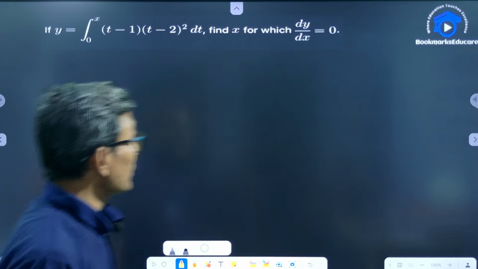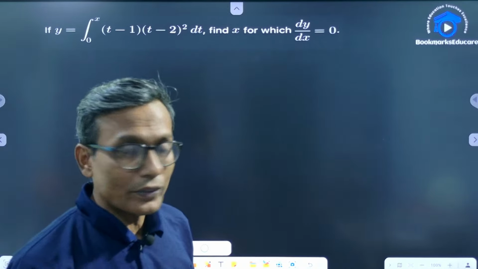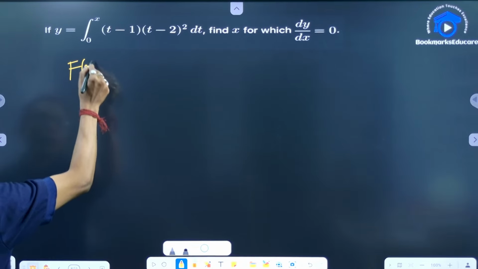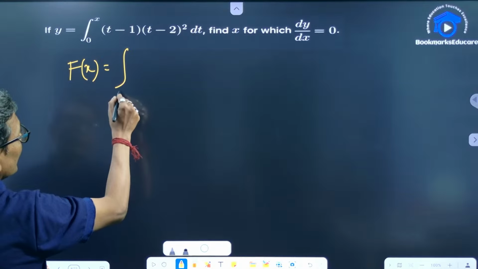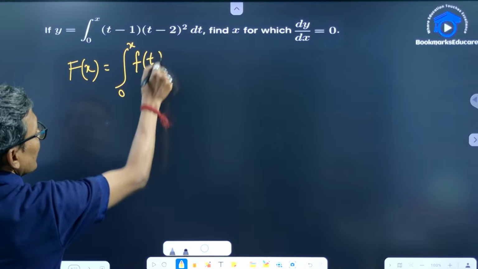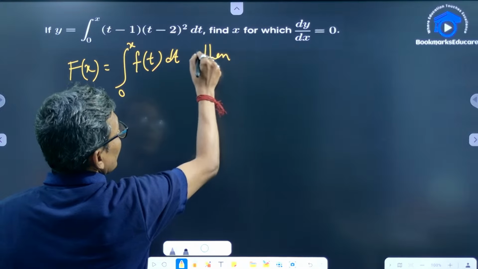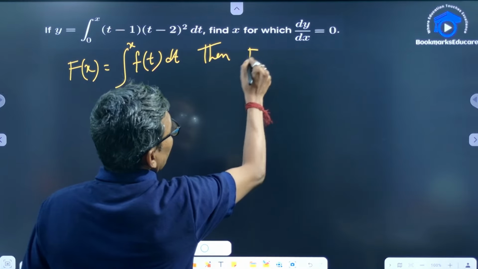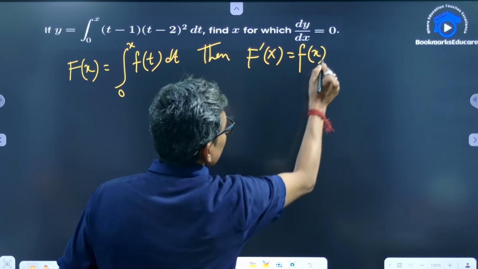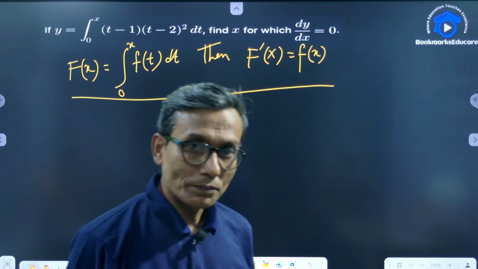Now, using FTC, the fundamental theorem of calculus: if f of x is equal to the integral from 0 to x of f of t dt, then f dash x is equal to f of x. This is known as the fundamental theorem of calculus.